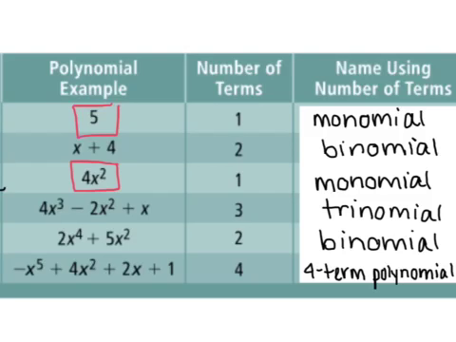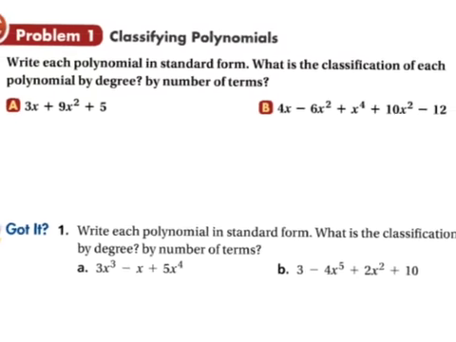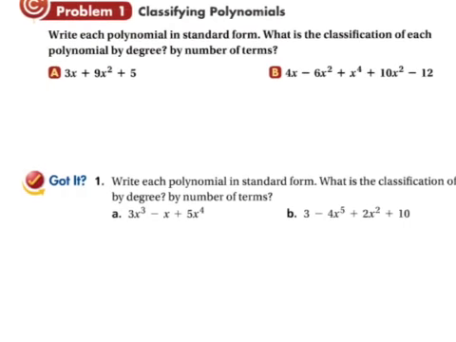Remember, like we said right before this slide, in order to name these, they have to be first put into standard form, highest to lowest exponent. So things to remember about standard form. First, that you need to go from the highest to the lowest exponent.